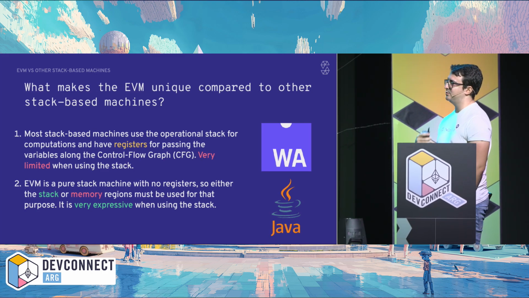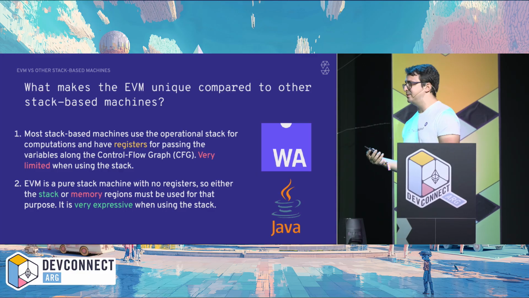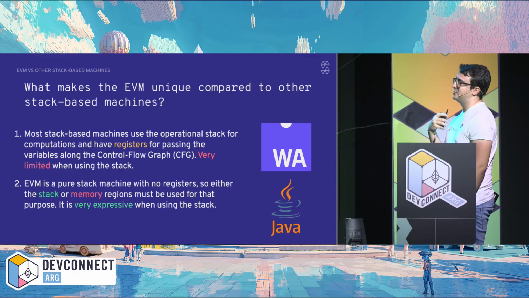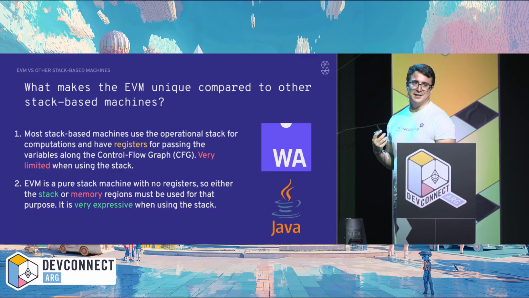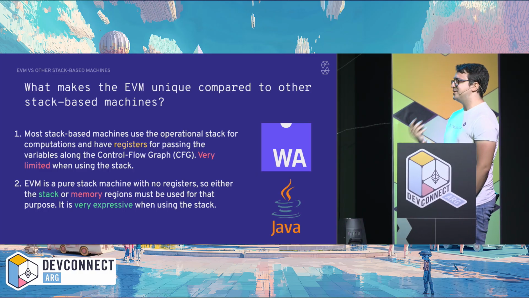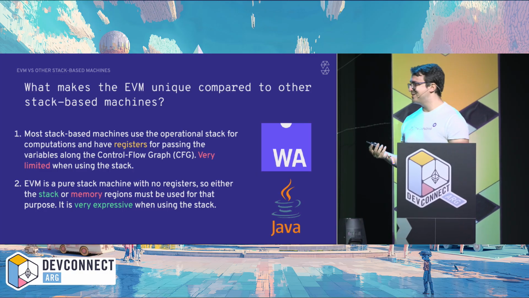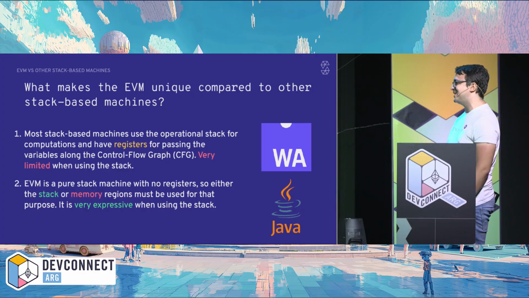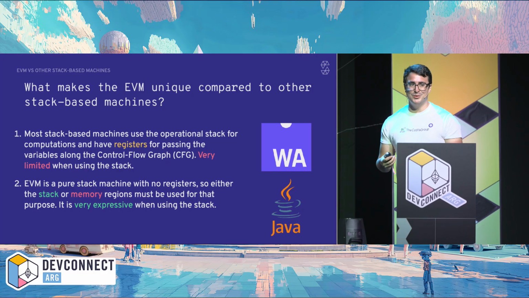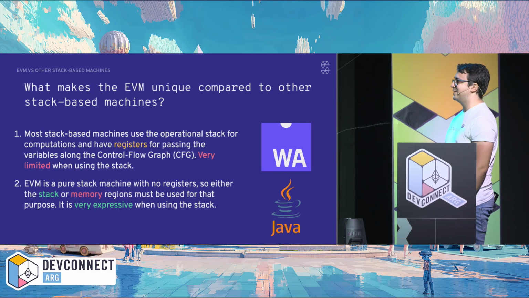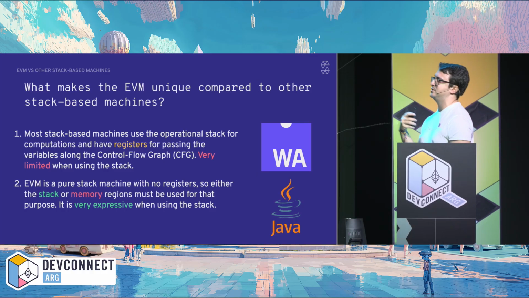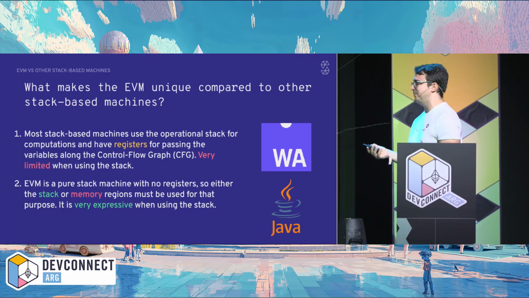But if I need to reuse that value at any other point in the control flow graph, then I store it in a register and load it when I need it. In the case of the EVM, we have no registers, so of course I can use either the stack or the memory regions to pass the values around. And in fact, the memory becomes expensive if you use it too much. So in the end, you prefer to use the stack.